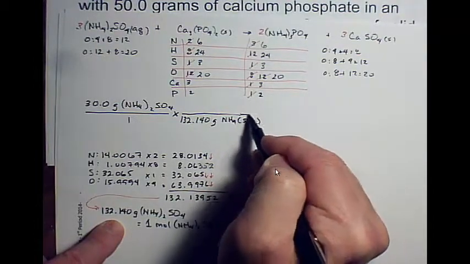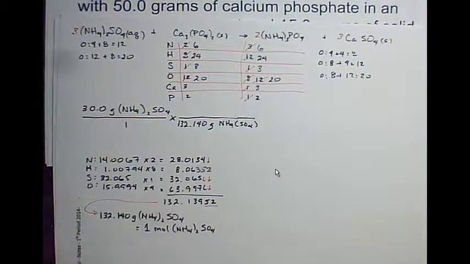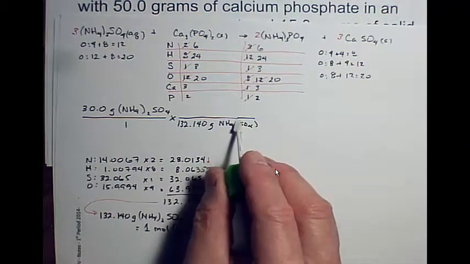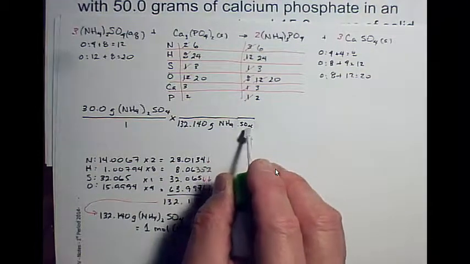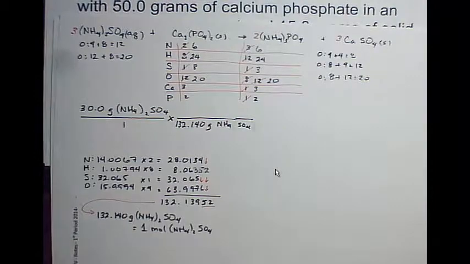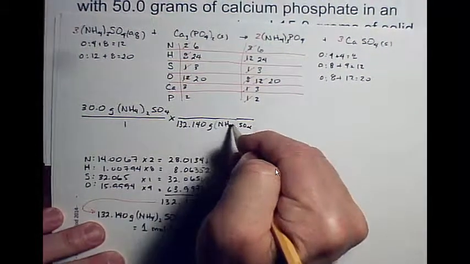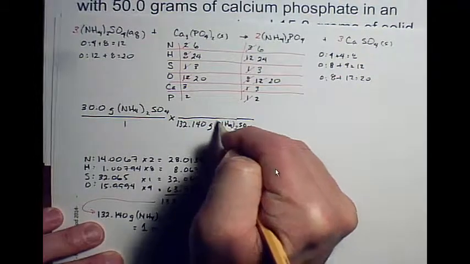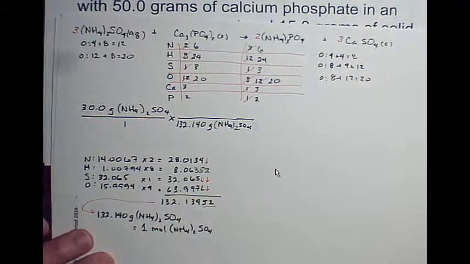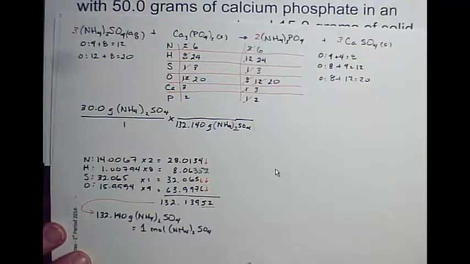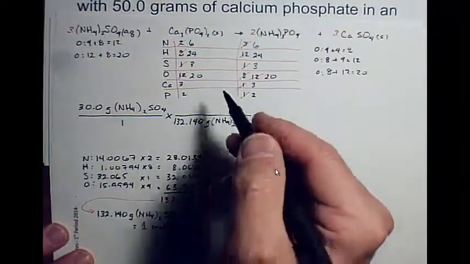Why did I do it that way? I don't know. Parentheses don't go around the sulfate, it goes around the ammonium. Alright, and then we want the other side of the equality statement to go on the top.